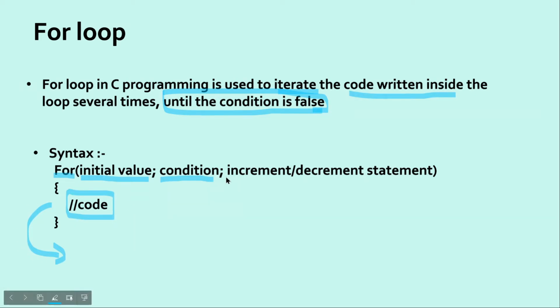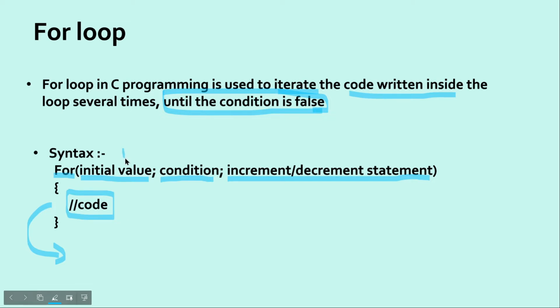Then increment or decrement statement. So this is decided based on the changes you want to make in the initial value, so that this for loop will be executed. You don't need to write the semicolon after the increment or decrement statement. So this is the syntax of for loop.